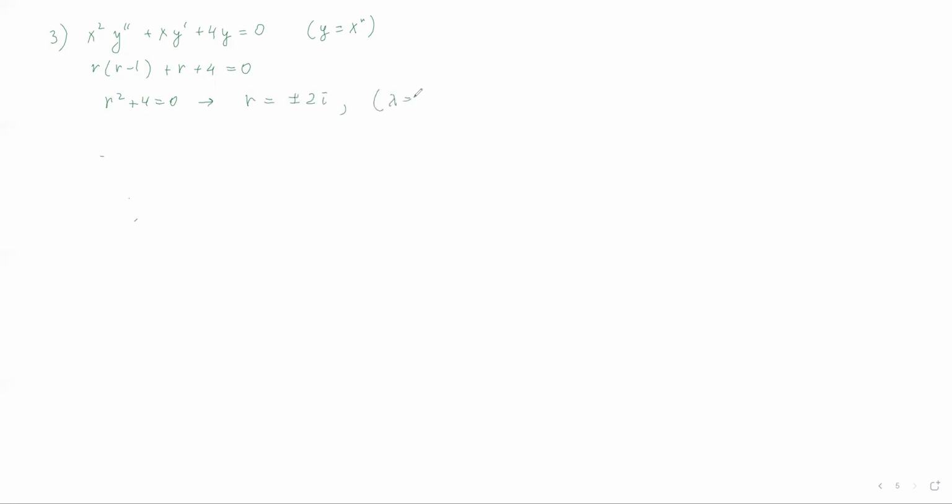So there is going to be no lambda, no real part, but mu is going to be equal to 2. So you can just write down the ready solution, y equals c1 cosine of 2 ln of x plus c2 sine of 2 ln of x. You're supposed to have x to the power of lambda here somewhere, but because lambda is equal to 0, it's x to the power of 0, which is going to be equal to not 0, but 1, right? x to the power of 0 is 1.